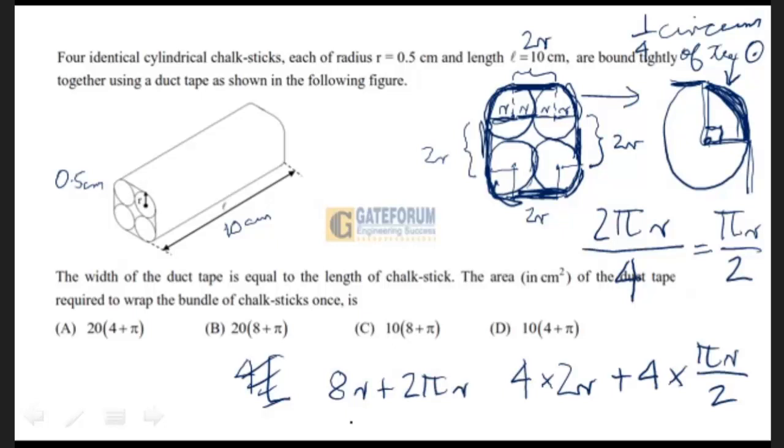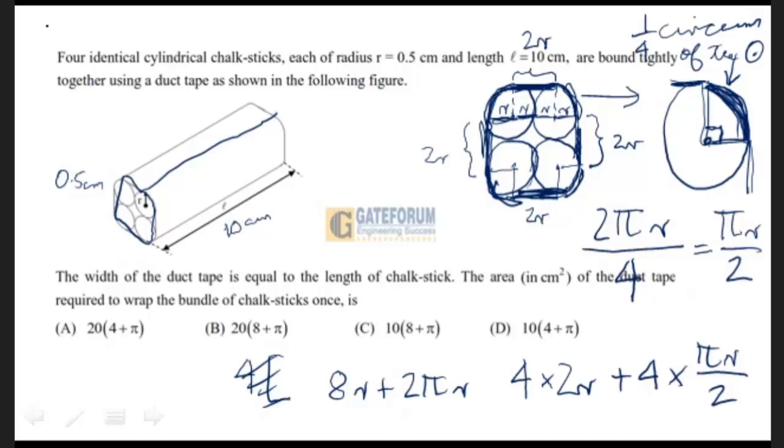We can say that 8r plus 2 pi r. So what have they asked? What is the area? Oh, they have asked the area. Now we just found out the length of this whole thing. The area will be multiplied by the length, which is 10.